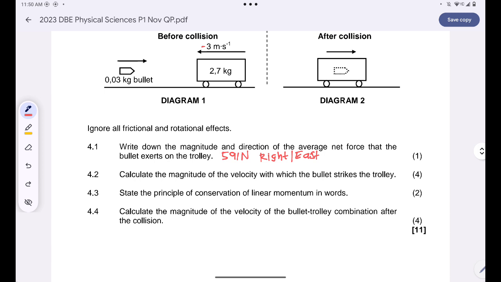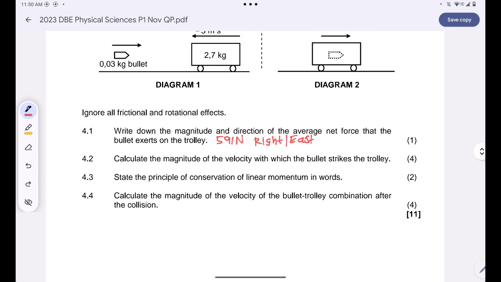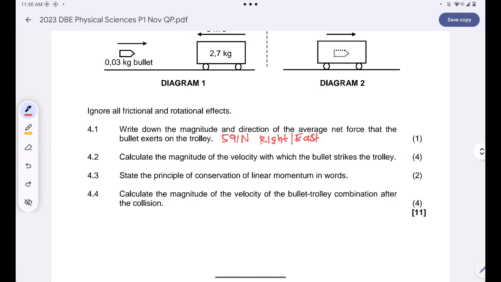Now we are being asked to calculate the magnitude of the velocity with which the bullet strikes the trolley. There's only one force that the bullet has, because we were told to ignore the effects of friction and rotation. So the force exerted on the bullet is from the trolley.